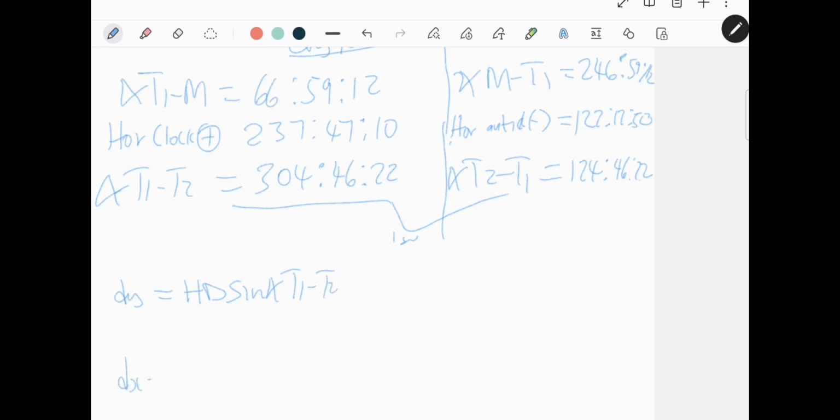The dx is equal to hd cos your forward bearing, which is T1 to T2. Then on that side, the check, it's the same thing, just now you're using the backward bearing. So it's still hd sine, but the backward bearing, which is T2 to T1. Then you're going to get your answer here, your answer there. Then your dx, same thing, but backward bearing for the checking side, T2.